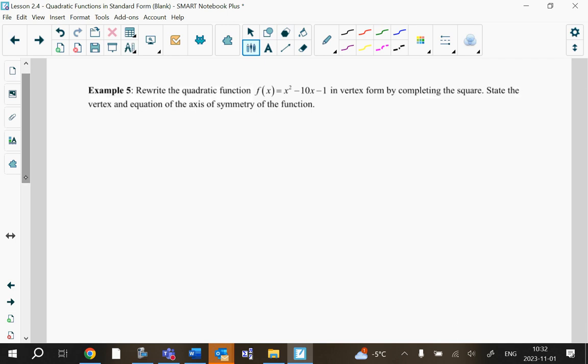So here, in this question, we're asked to state the vertex and the equation of the axis of symmetry. Well, in order to do that, we've got to get it into vertex form. First thing is write the x squared and x terms together.